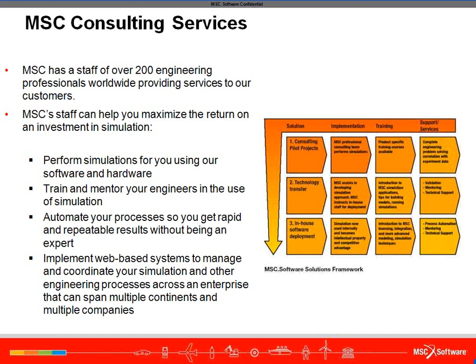This team is available to perform one-off projects using MSC.Software and hardware resources, or to perform proof-of-concept projects to help leverage software sales and your software investments, and to train and transfer the know-how on the use of our simulation technology to current customers. The team also can help with customized process automation and web-based engineering process and data management across a customer's enterprise.